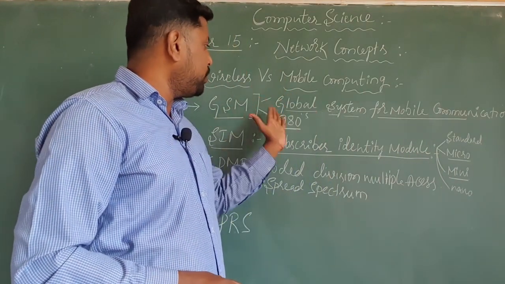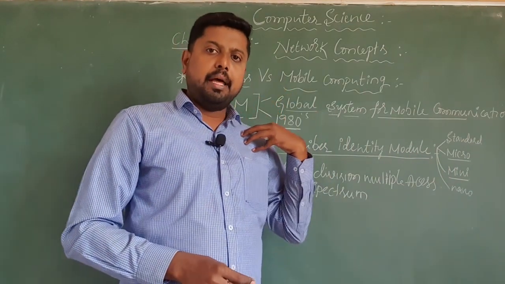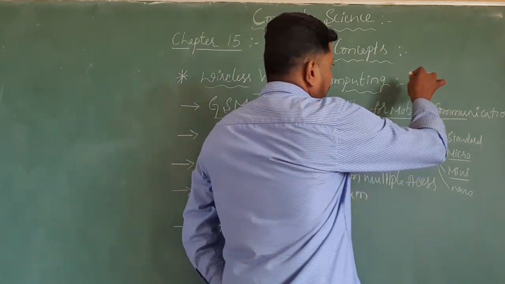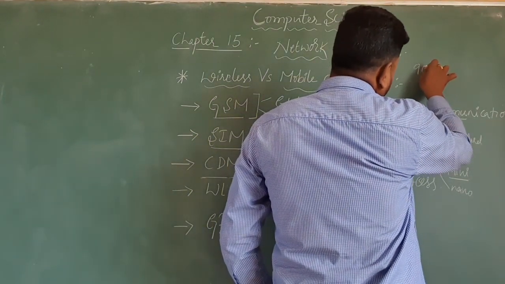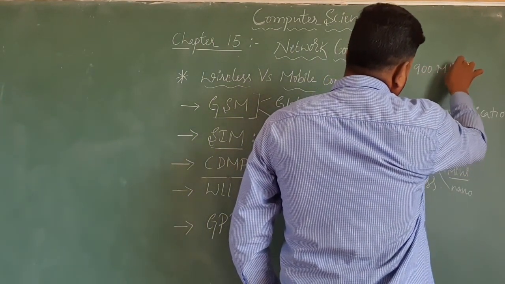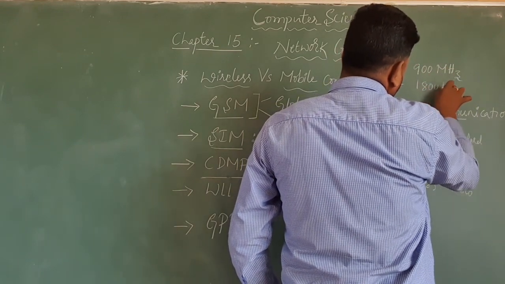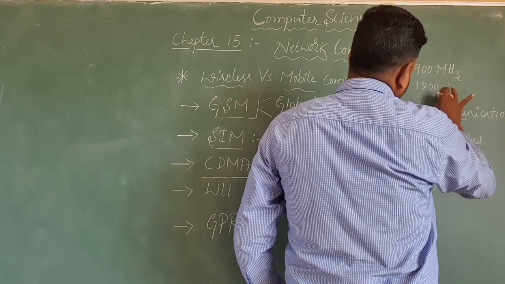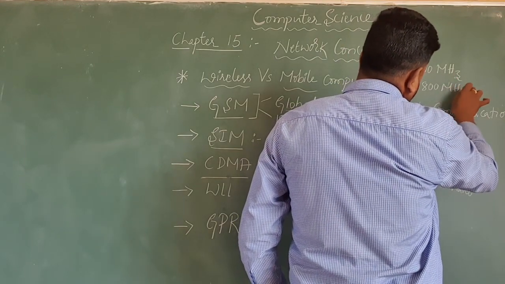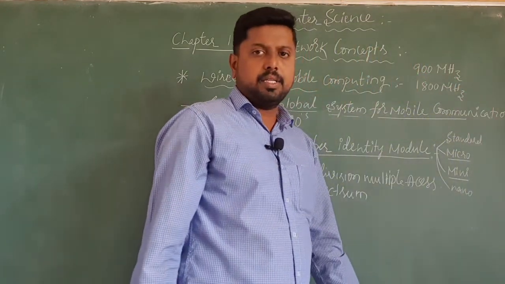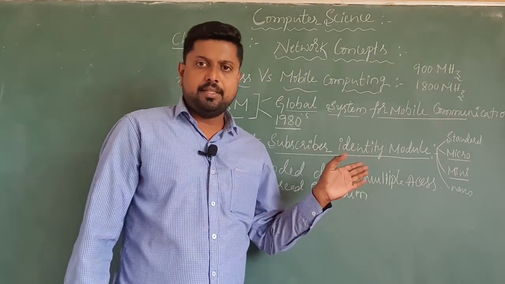GSM usually works in the range of around 900 megahertz to 1800 megahertz frequencies. Hertz is the unit of frequency.